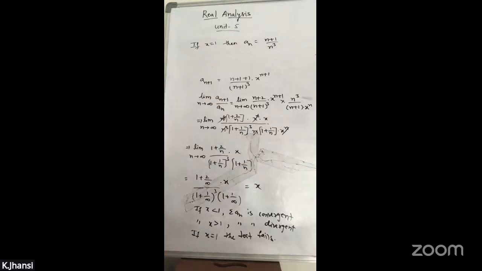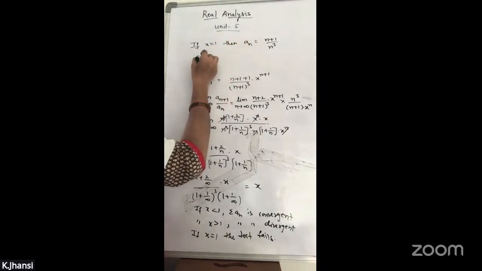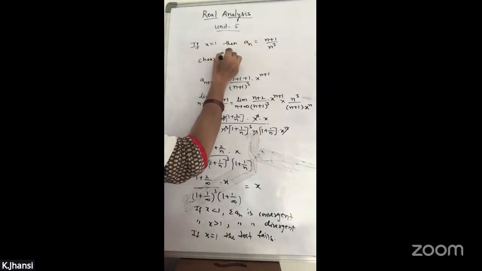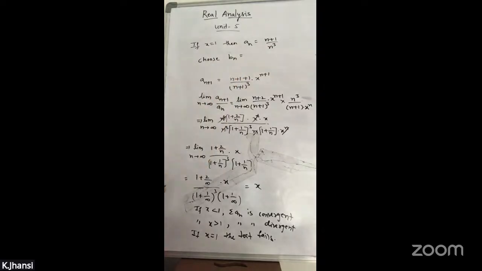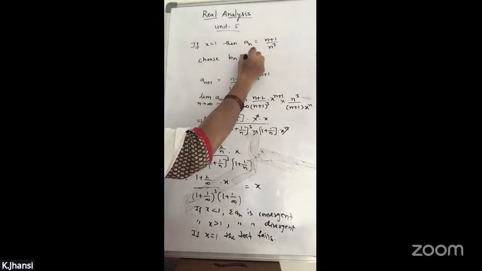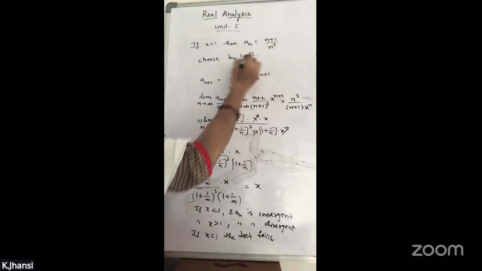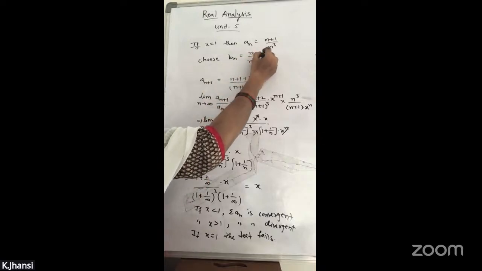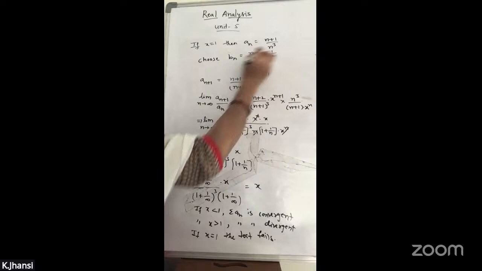Now by the comparison test, we have to choose the bn value. Yesterday we saw that bn is chosen from the highest power of n in the numerator and the highest power of n in the denominator. The highest power of n in the numerator is n and in the denominator is n cube. If you cancel this out, you'll get 1 by n square.